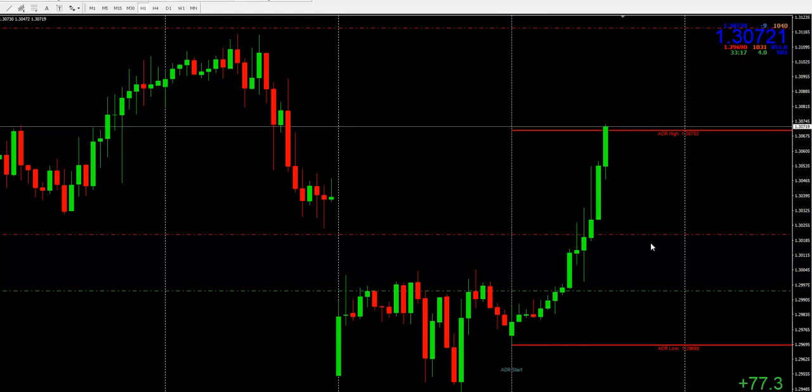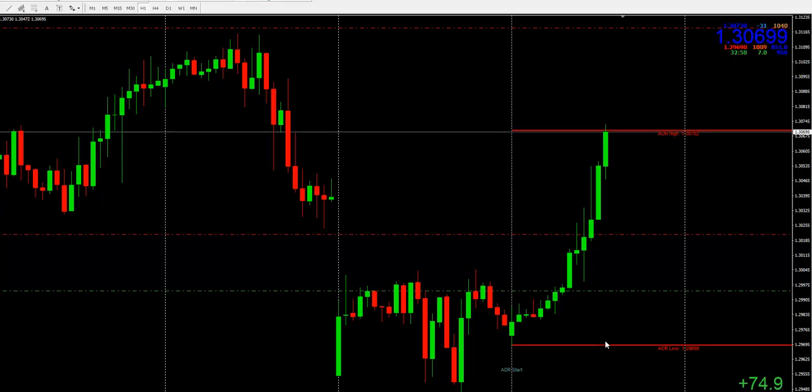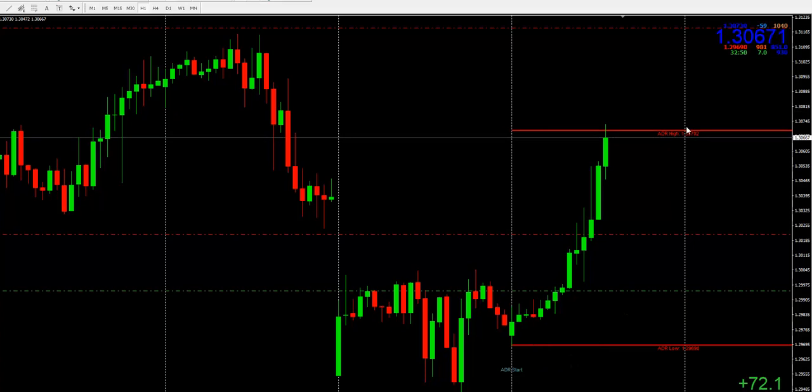The next thing I would like to quickly discuss is, as you can see where the price is now, it's above the average daily high, ADR. That's the average daily high, and this is the average daily low. What this basically means is that this particular pair usually ranges between this level and that level on a daily basis.